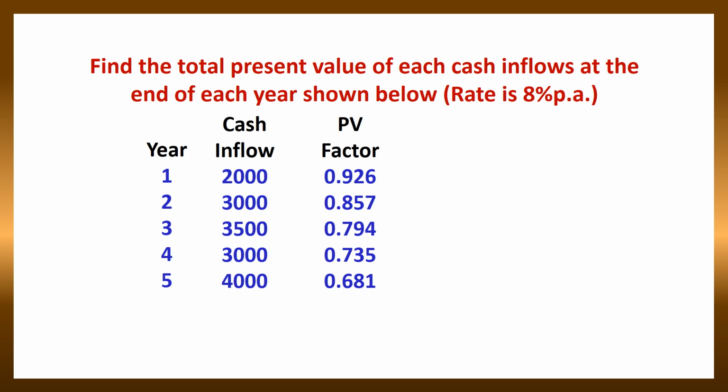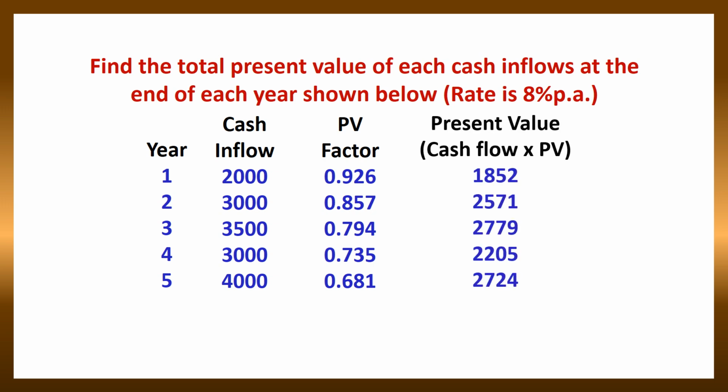Thus, we can obtain the present value of all these figures by multiplying each cash inflow with the corresponding present value factor. So, the present value of 2,000 received after 1 year is 1,852, and the 3,000 received after 2 years is worth 2,571. 3,500 received after 3 years is worth 2,779.